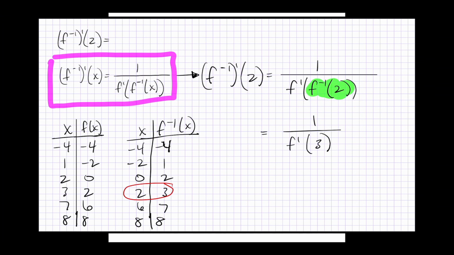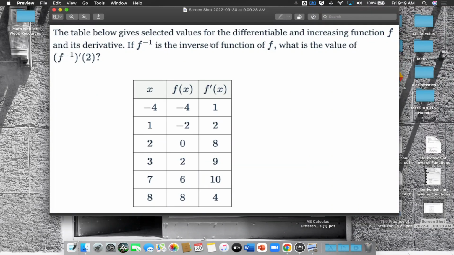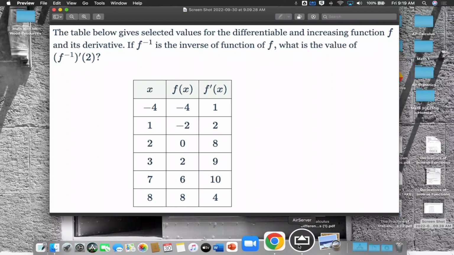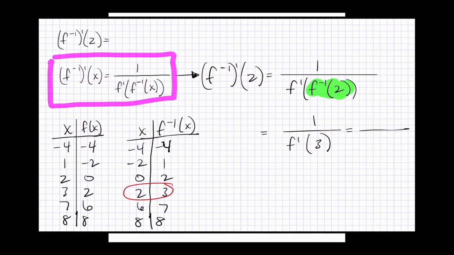Now f prime of 3. Let me go back to the table. I didn't write those down, so let me go back to the table. F prime of 3. Well, when I plug in 3 to the inverse, I get 9 as an answer. So that means it's going to be 1/9.